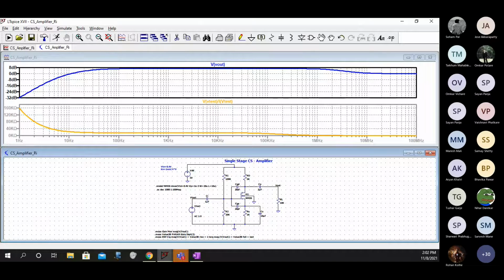So we are now done with the calculation of input resistance. Tanvi, your output is absolutely correct. Just keep the grid on.